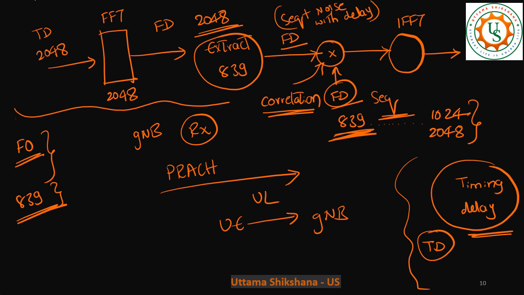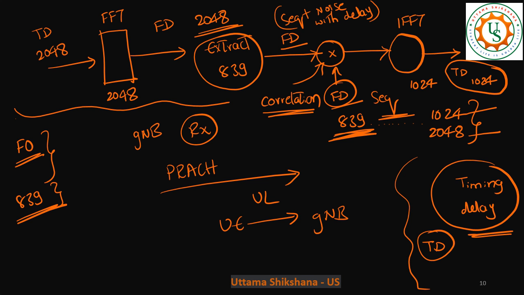This is a trade-off between signal processing load and the accuracy you want. Let's say for example I have used 1024 for faster processing. Then finally you will have 1024 time domain samples.